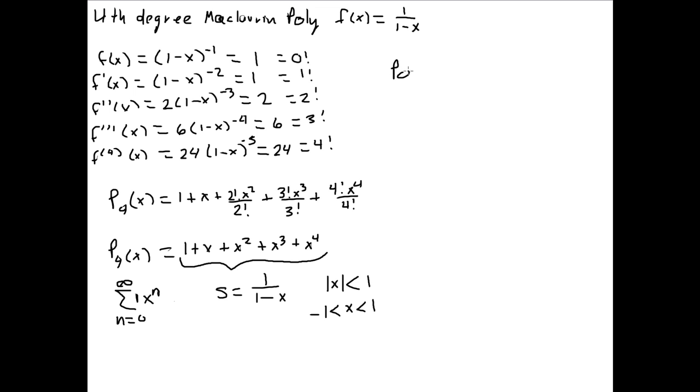And a power series is 1 plus x plus x squared plus x to the third plus x to the fourth, keep going, plus x to the nth. And it can be written in sigma notation, n equals 0 to infinity of x to the n.